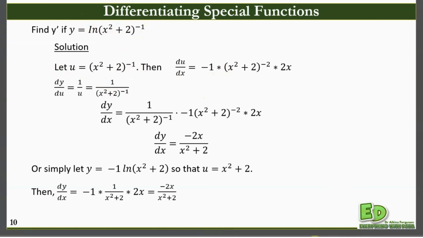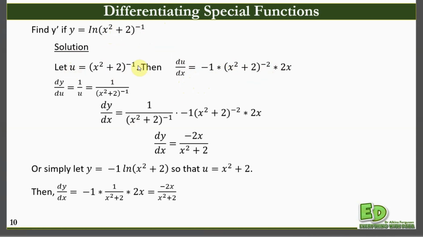For this question, we would say that u is equal to the function in the bracket, which is (x squared plus 2) all raised to the power minus 1. Then the differential of u with respect to x, du over dx, is equal to minus 1 multiplying (x squared plus 2) raised to the power minus 2.